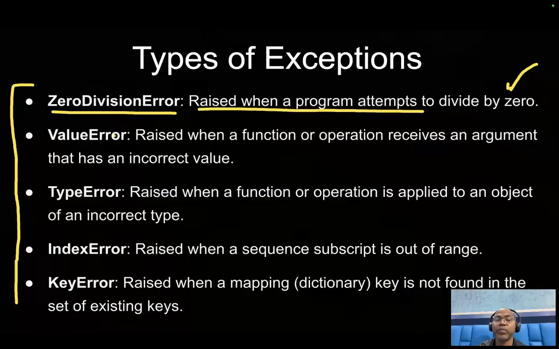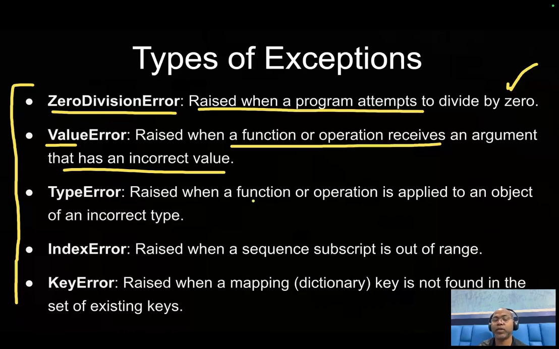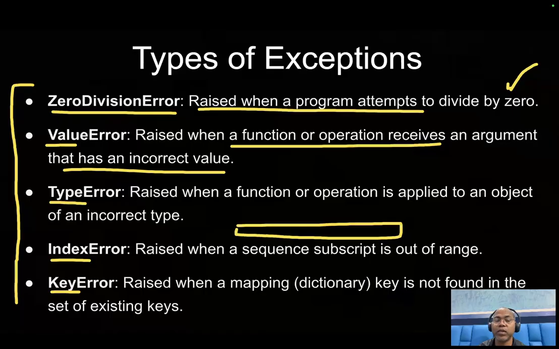Then there is value error, when any function or operation receives an argument with an incorrect value. Maybe type error: you are expecting an integer but you are getting a float or some different value. Then index error and key error. Whenever you are working with a list or set, the data is part of your index, and if you try to get a particular index outside of your list, in this scenario you get an index error.